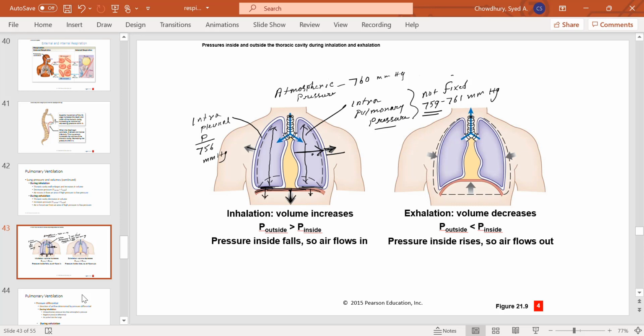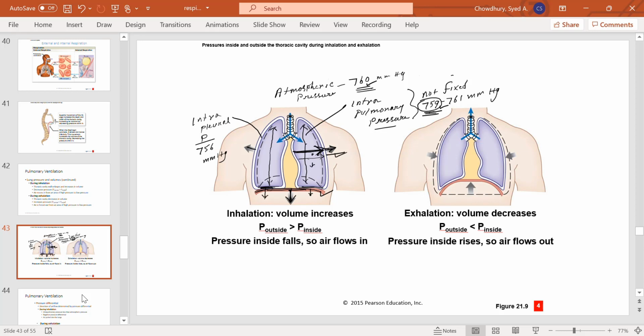Makes sense? So when the lungs get expanded both vertically and anterior-posteriorly because of the movement of the diaphragm and the ribs, then the space or volume inside the lung will increase. Makes sense? Expand, and that will drop the pressure inside the lung to what? 759. Okay, so when the pressure inside the lung is 759, what is the outside pressure? 760, right?